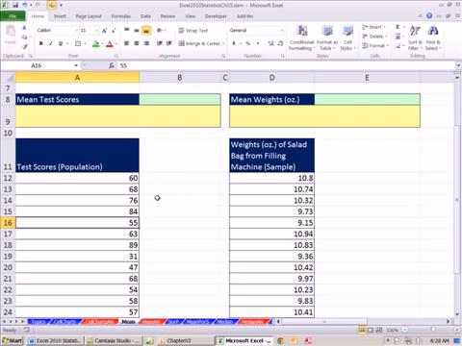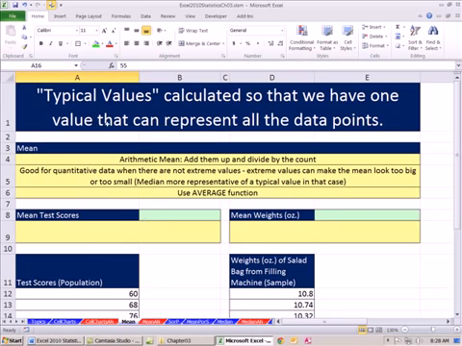What they really mean is the mean. The mean is the word we use in statistics for the everyday word average. In one single number, you get a number that represents all the data points. It's a typical value. Typical values are very important.